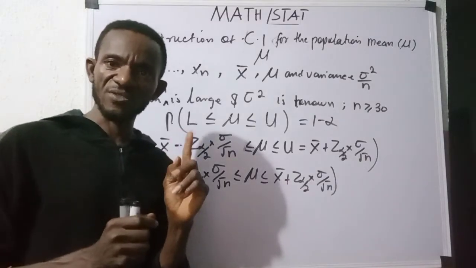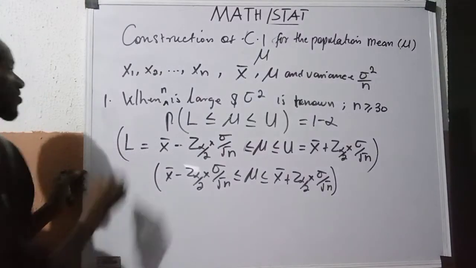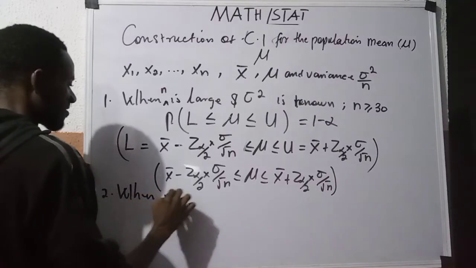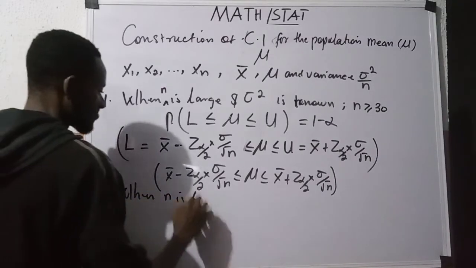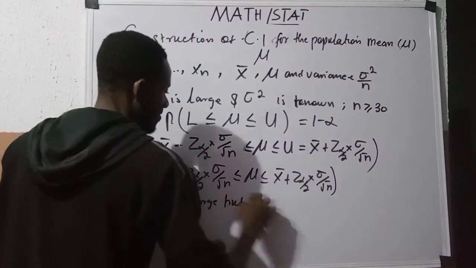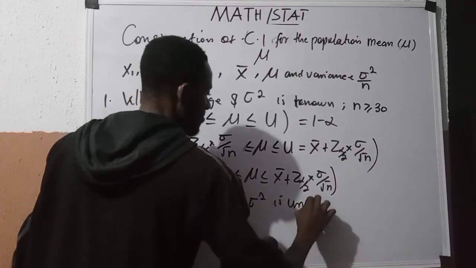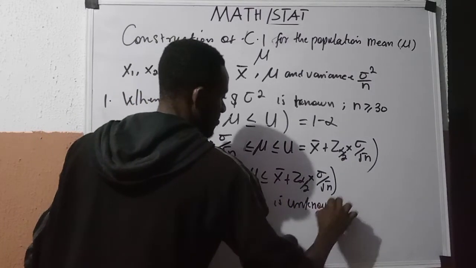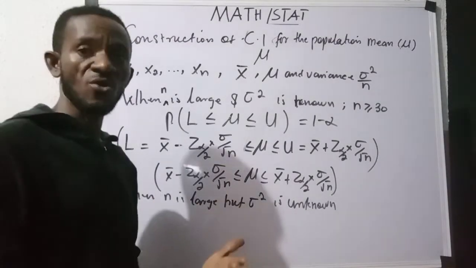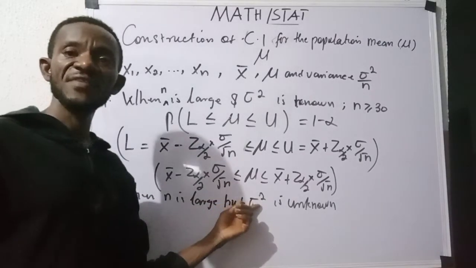We have another condition. That other condition is number two: when n is large but sigma squared is unknown. You see a condition here. There is another condition where our n is large, but we were not given sigma squared.